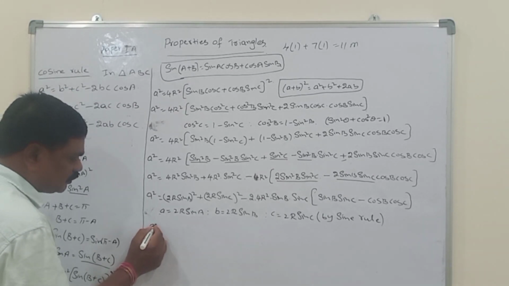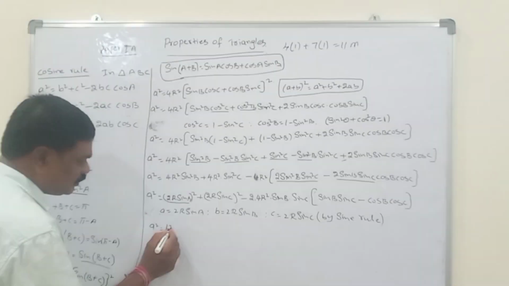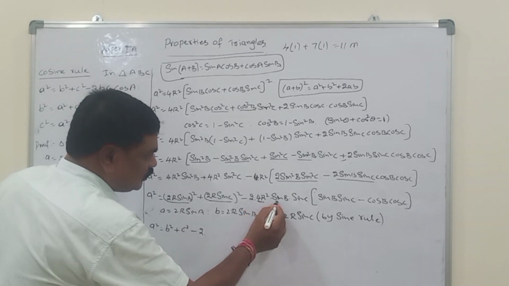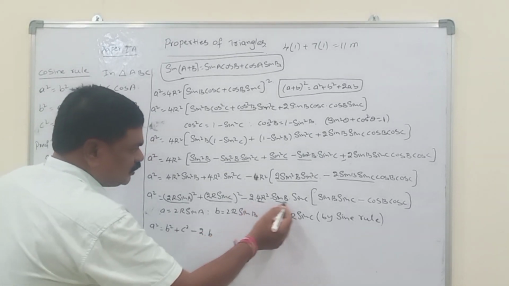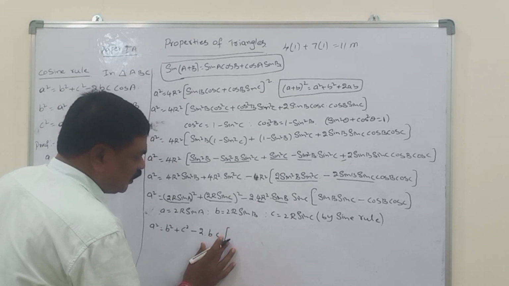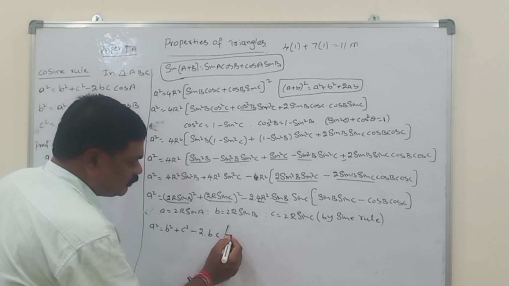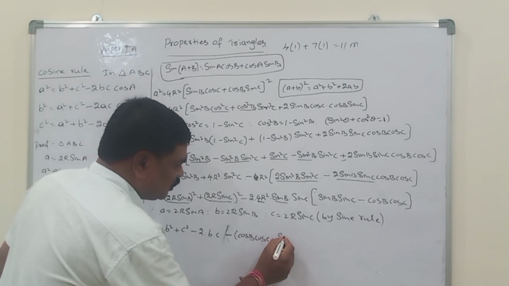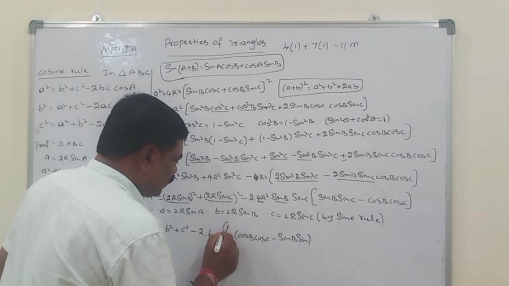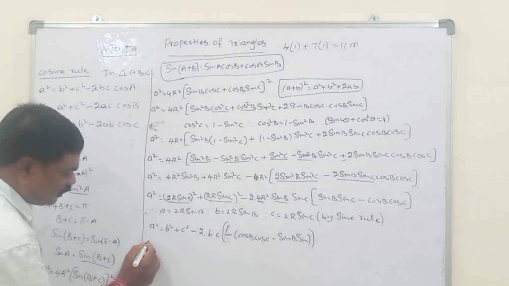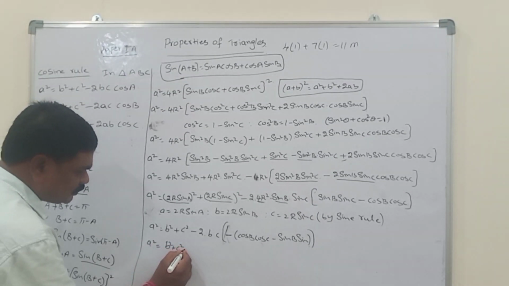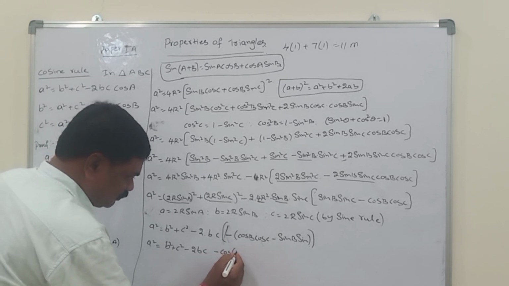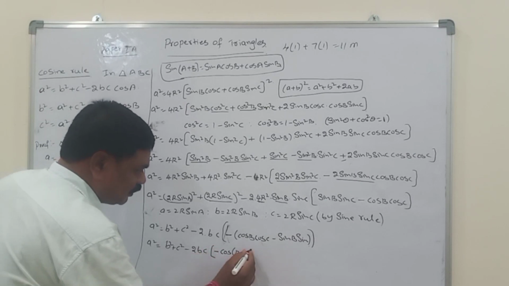Okay, a square is equal to this one b square plus this one c square minus 2 into 2R sin B into 2R sin C, of cos B cos C minus sin B sin C. So a square is equal to b square plus c square minus 2bc into cos of B plus C.